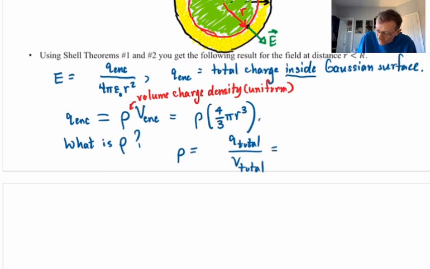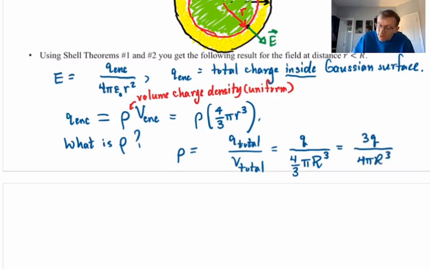So Q for the Q total, and for the V total, 4/3 pi, watch out, big R cubed. You see that? And if you want, you can write that like this: 3Q over 4 pi big R cubed.